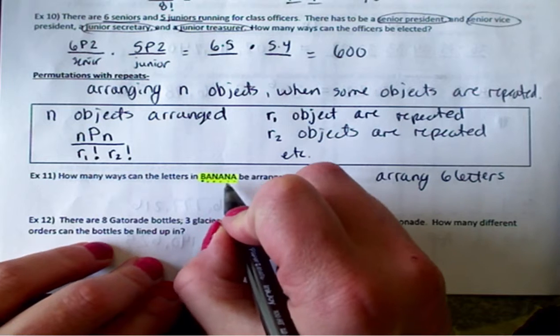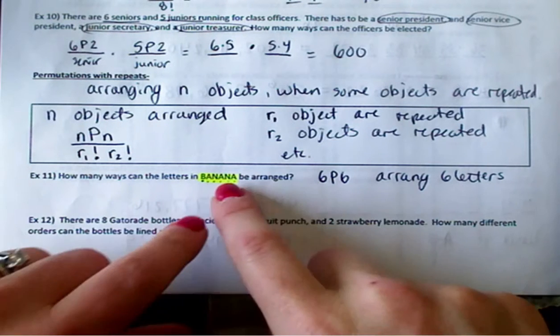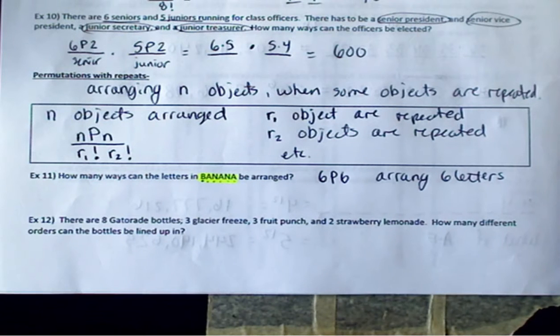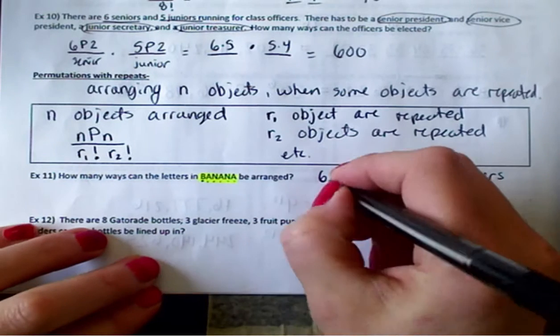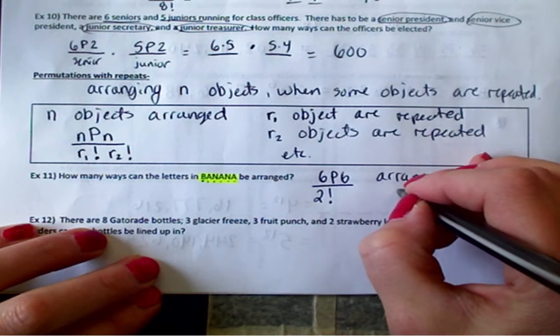If you swap the ends, is that the same word? Yeah. How many ways can you arrange 2 ends? 2 factorial. So in every arrangement of banana, I can swap the ends and it's the same word, and so we have to divide by 2 factorial.